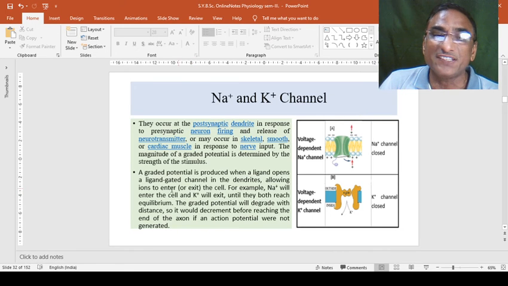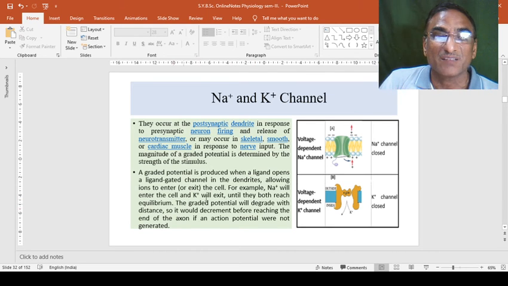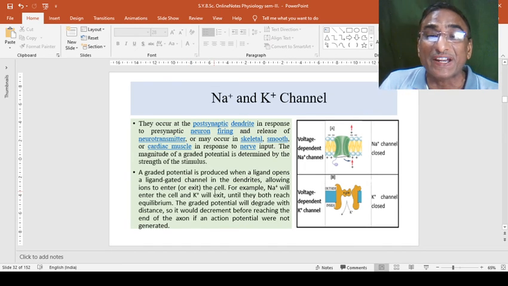This depends on the movement of ions and on the concentration gradient present in the cell. For example, sodium will enter the cell and potassium will exit until both reach equilibrium. Means the movement of sodium and potassium will be carried out continuously until equilibrium is maintained, and the graded potential will degrade with distance.